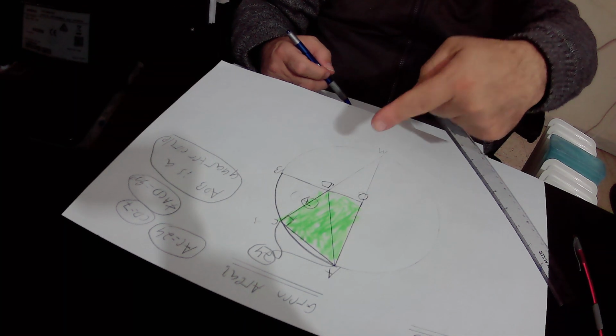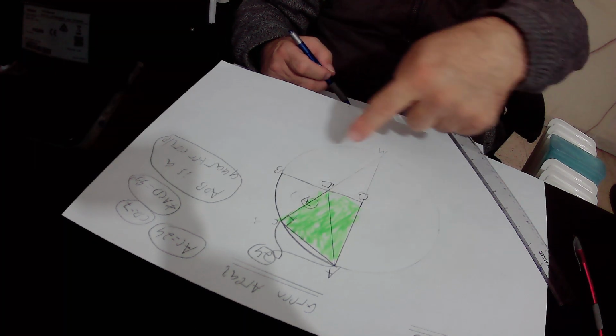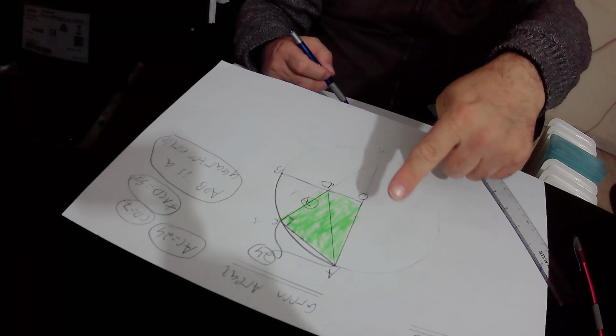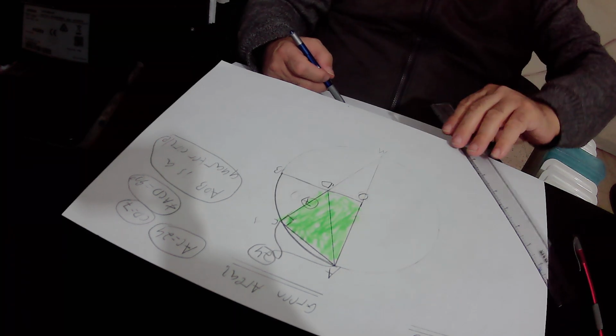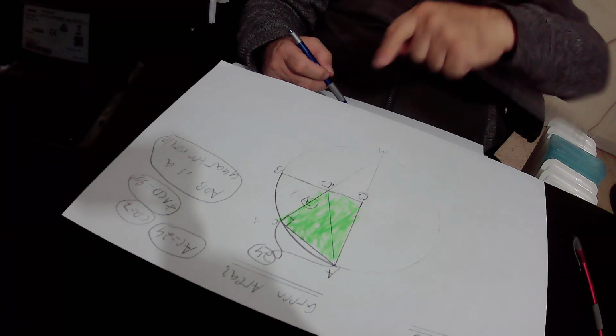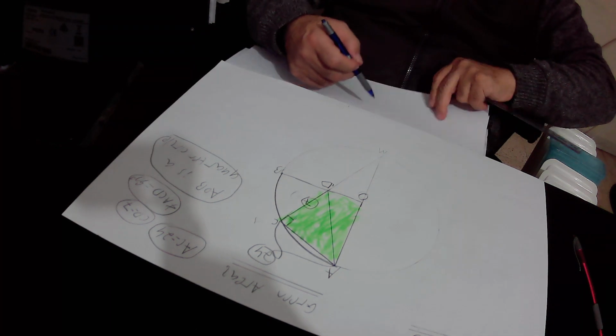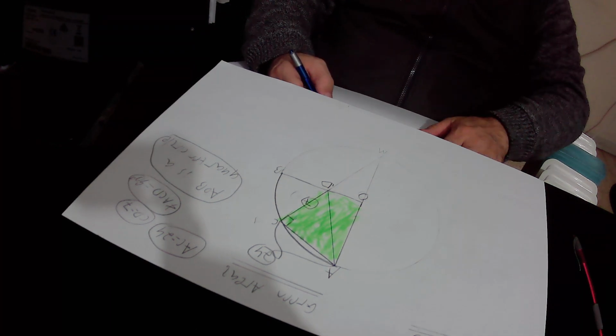In the next step, we will apply the Pythagoras theorem on this right green triangle ACD in order to find the length of the hypotenuse AD. So I copy the right green triangle ACD into a new page, and we will apply the Pythagoras theorem on it.